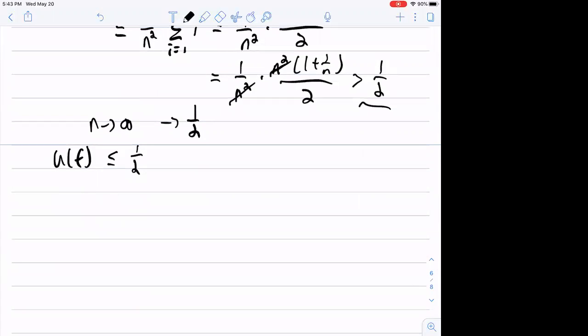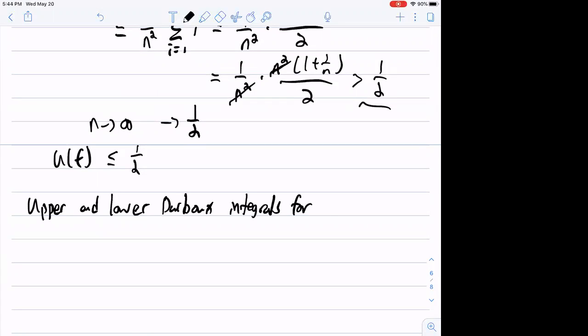So let's actually try to compute integrals, something we know is integrable. Upper and lower Darboux sum, Darboux integral for x cubed. Okay, let me just do it with B this time.